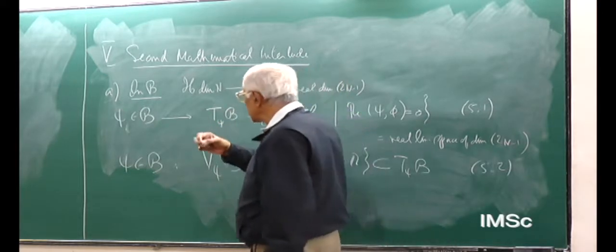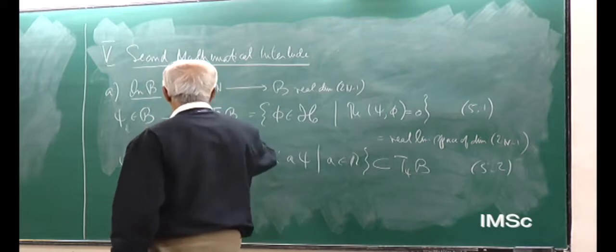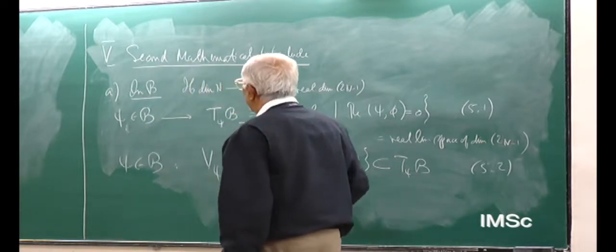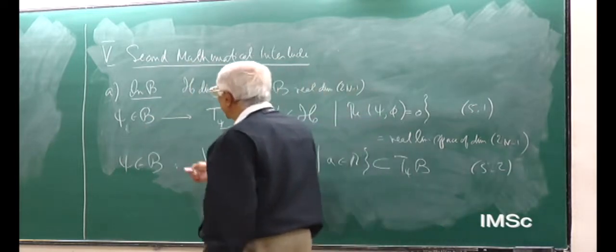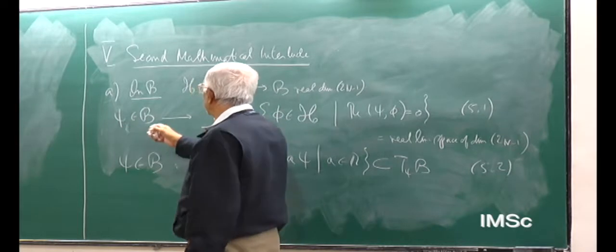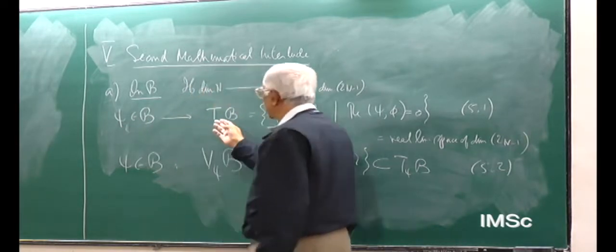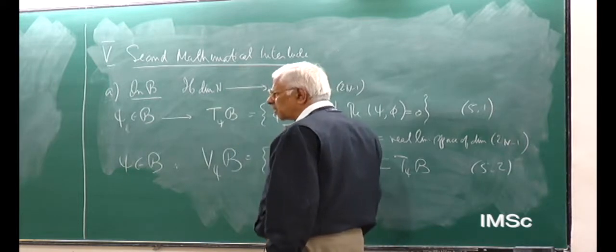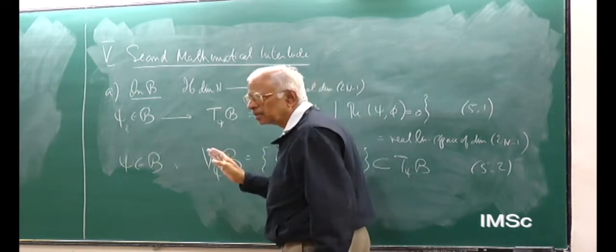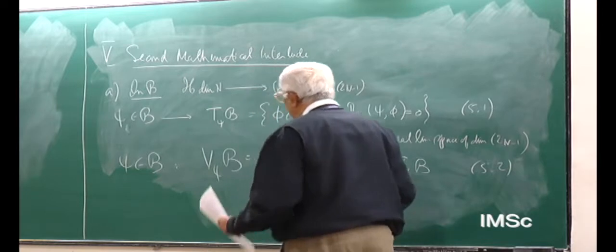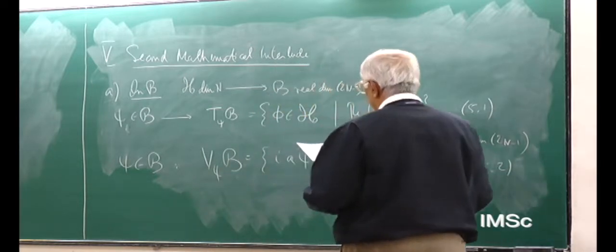It is something which is defined at each point of B in this example, and a one form at each psi is a rule which will map tangent vectors to real numbers linearly. So that's the meaning of the word linear functional.